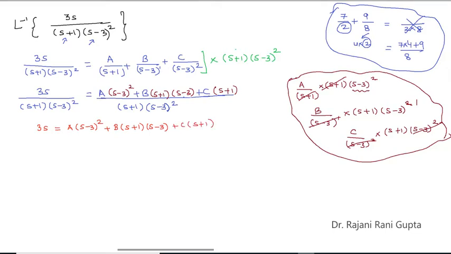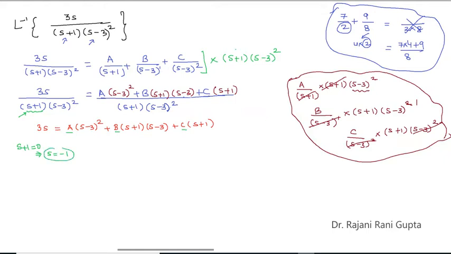Now here you can see that you have three constants A, B and C which we are looking for. So again we have to substitute three different values of s. What are those values? Like the previous example, we select the values from here. s plus 1 equal to 0 gives you one value, s equals minus 1.